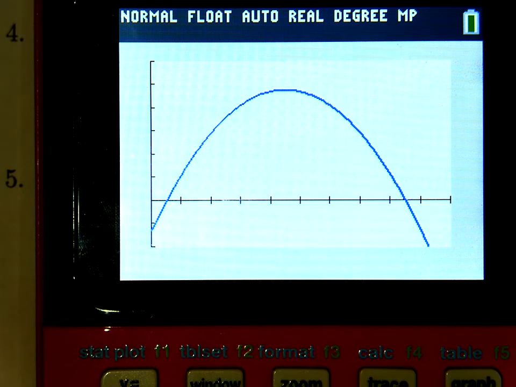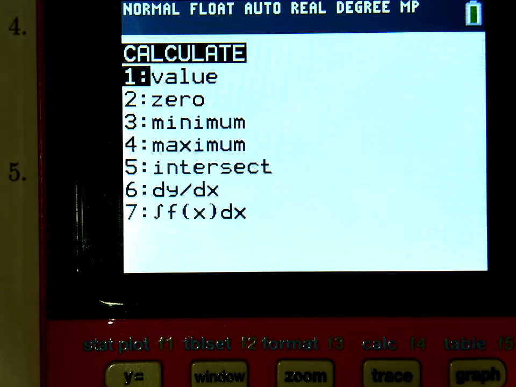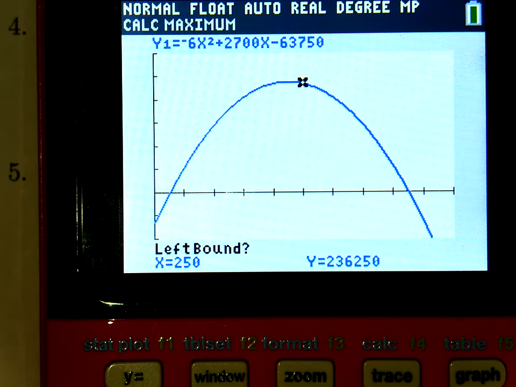which is fine. But now I'm going to go to second calculate. And we see a few things. We see value, we see maximum. So the first thing I'm going to do is go down to maximum. Okay. Left, so you want to arrow over.